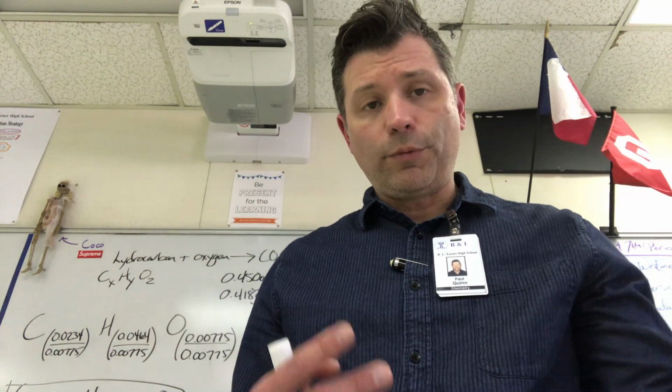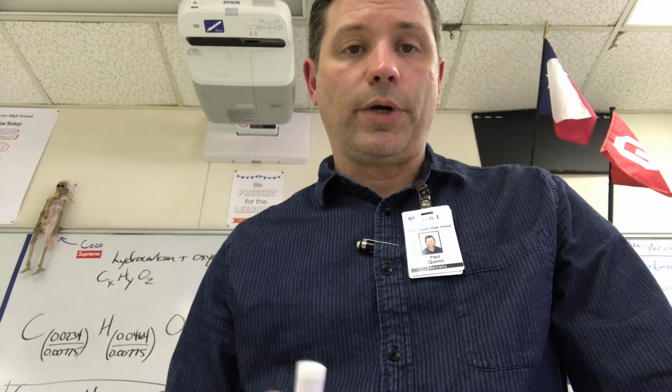If you're going on a two-step, from grams to moles or moles to grams, you're going to have two different conversion factors: molar mass and molar ratio. The molar ratio comes from the balanced chemical equation. The first thing you have to do is balance the chemical equation. Once you've done that, everything else is easy peasy.